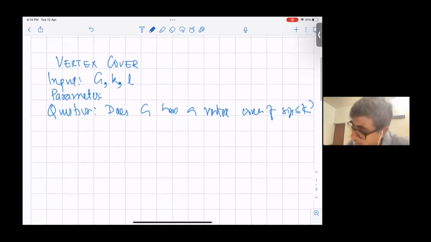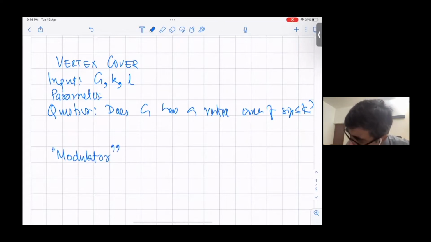So first, L is like, we said that maybe let's parameterize this problem by what are called a modulator. So what is the meaning of modulator? Modulator is generally used for the set of vertices which has some property.